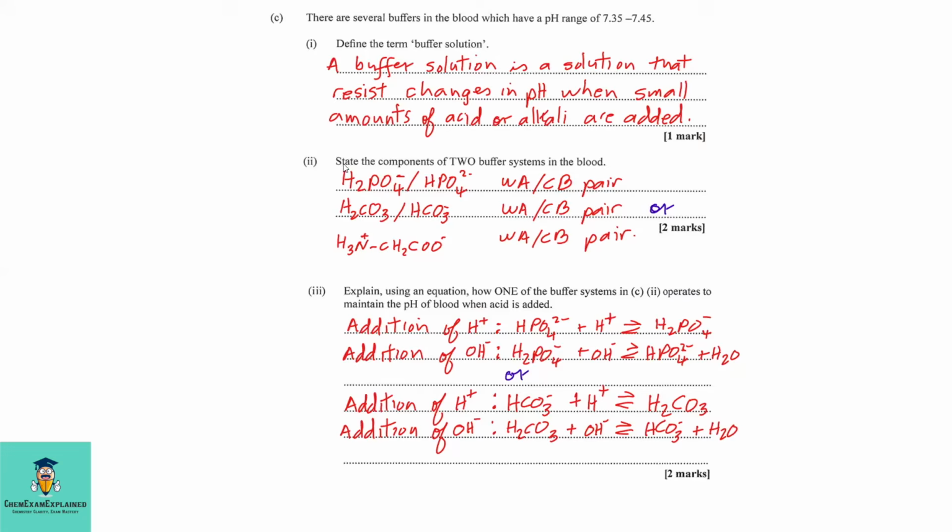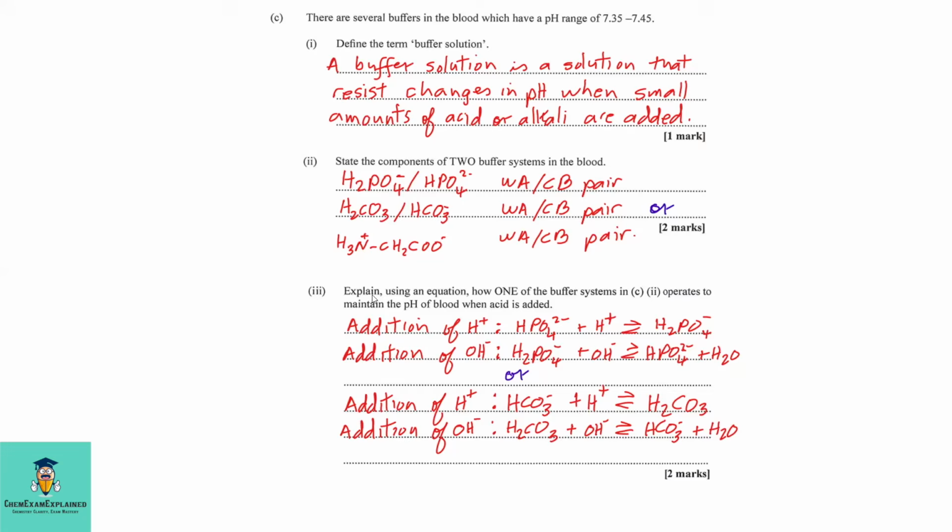The one with the higher number of H plus ions is our acid, and the one with the lower number of H would be the conjugate base. Same thing for carbonic acid. We have a weak acid conjugate base pair. Or we could use our zwitter ions, which came from amino acids. So we have a weak acid and a conjugate base pair.